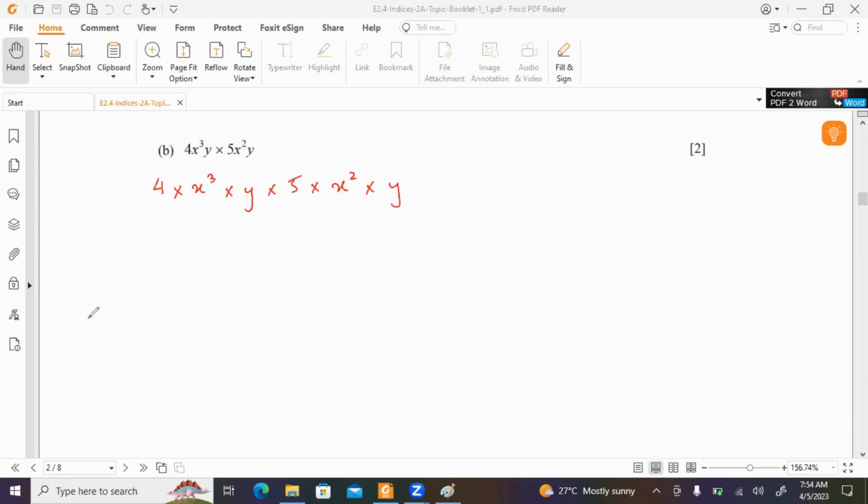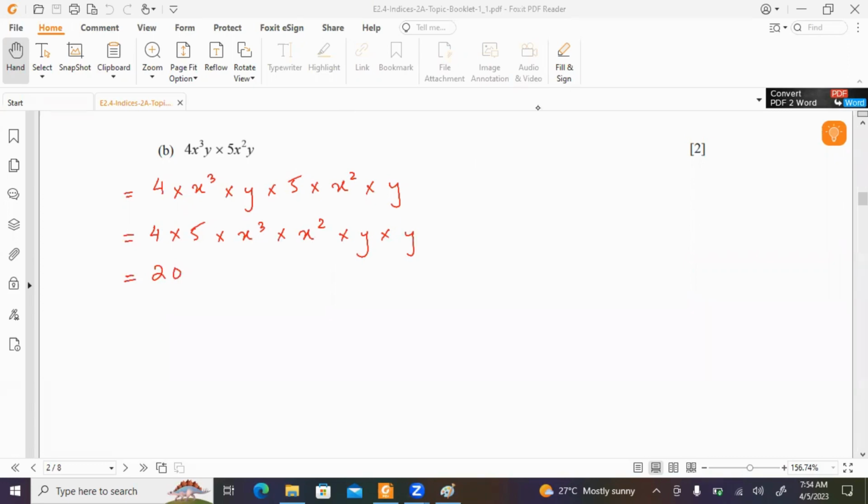By constants, I mean the numbers together, the x variables together, and the y variables together. So we're going to do 4 times 5 times x cubed times x squared times y times y. 4 times 5 we know is 20.